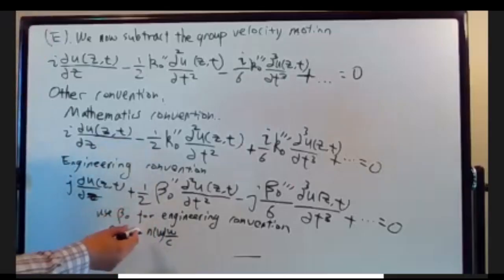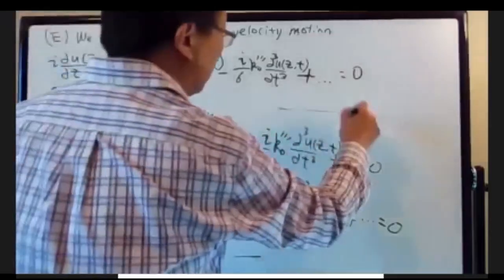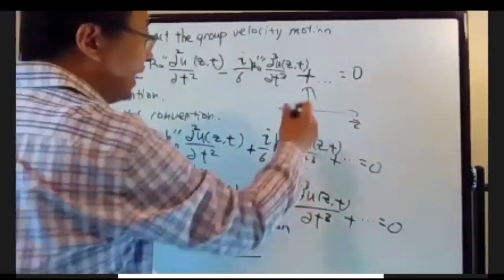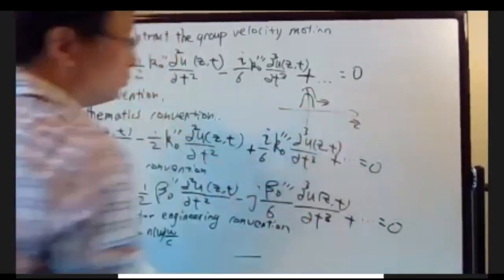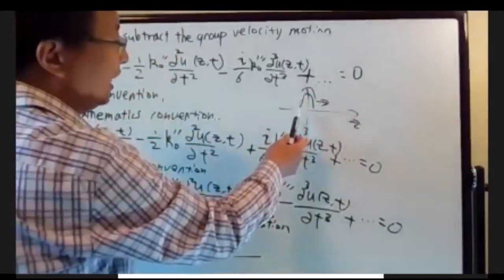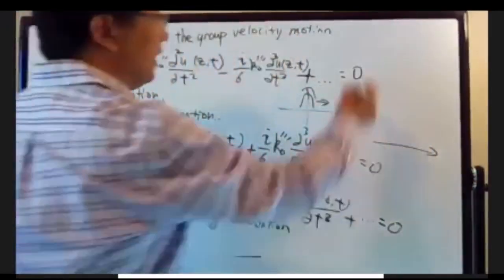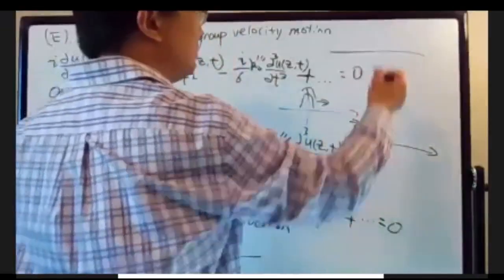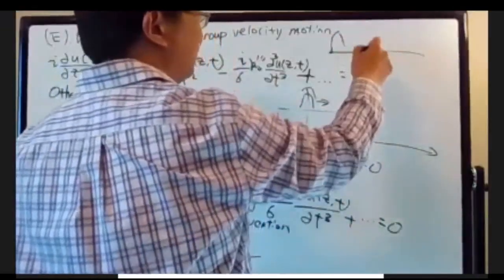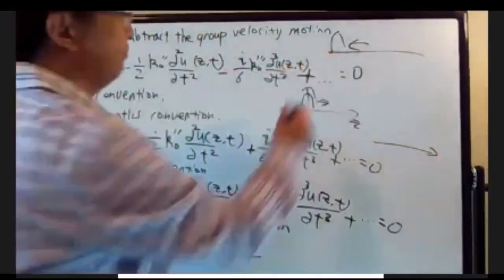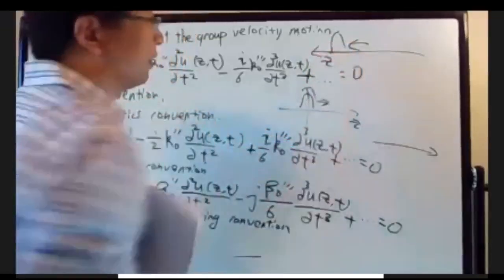But when you look at the axis, for example, we have the z axis, and the pulse propagates towards the right, then this k is towards the right. But when the pulse is physically propagating towards the left, we can say this is the positive z.